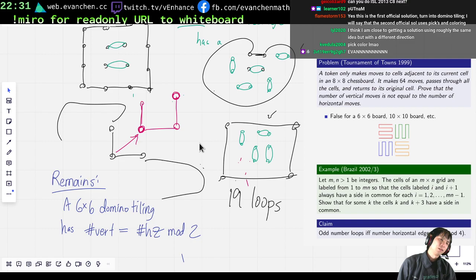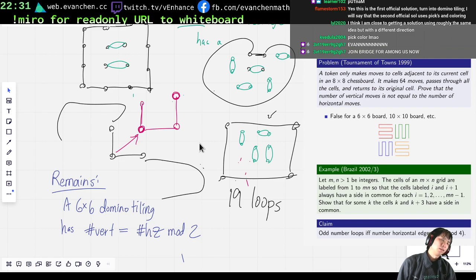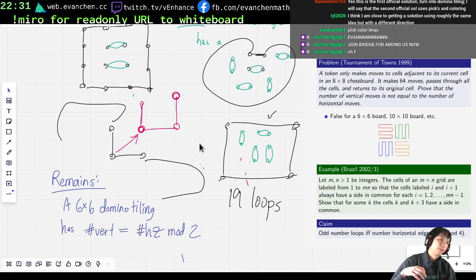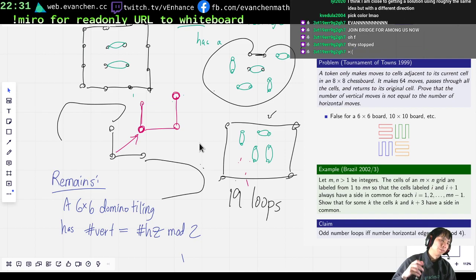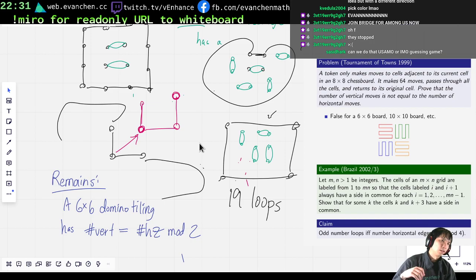In fact, it's equal to some number, and then you can checkerboard color the area inside. There's an equal number of white and black squares. That is true. By Pick's theorem, the area inside is constant.